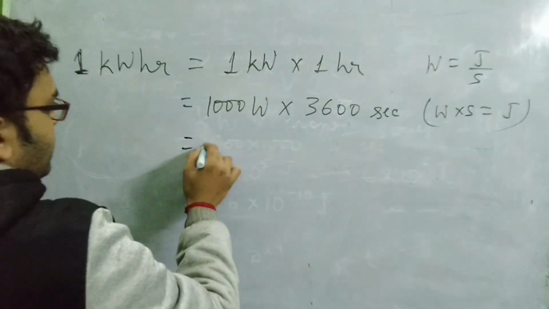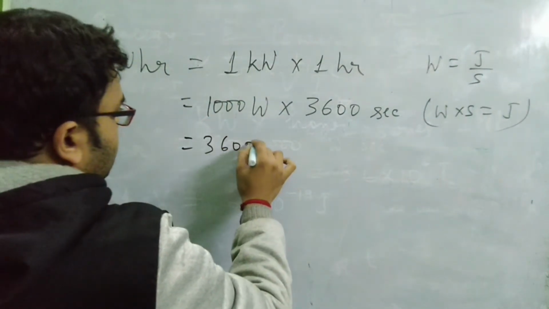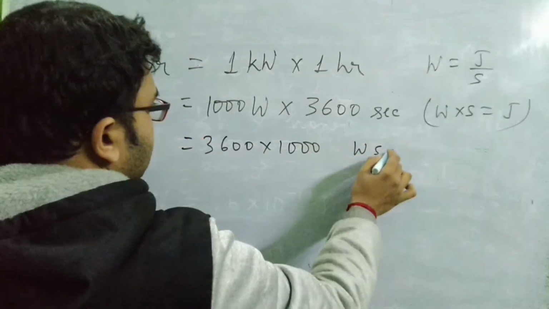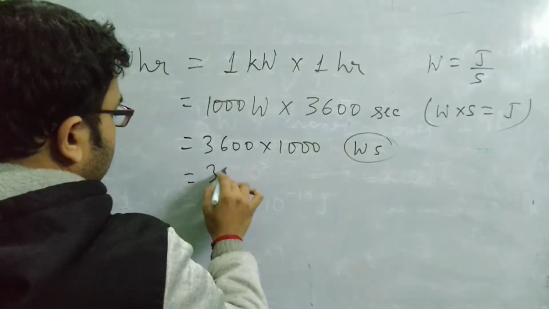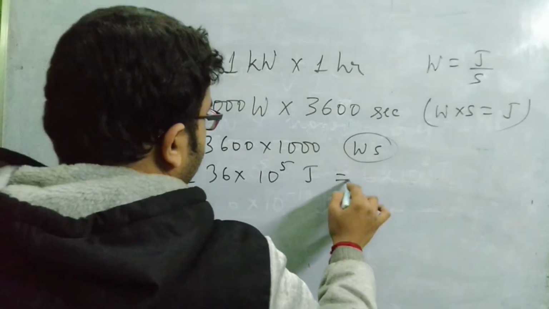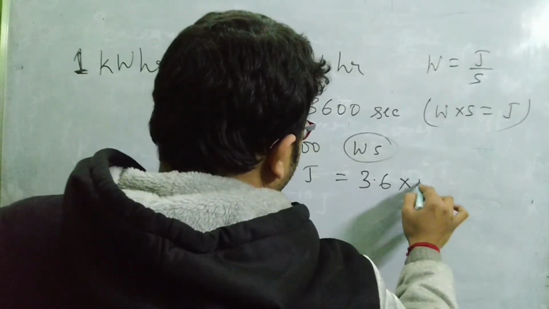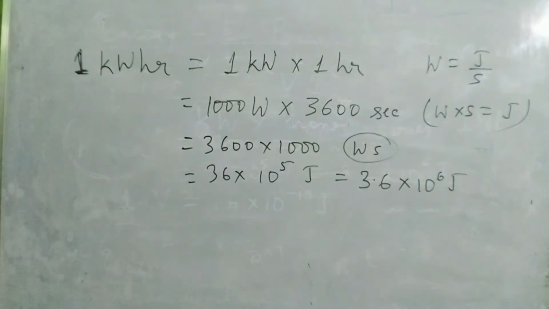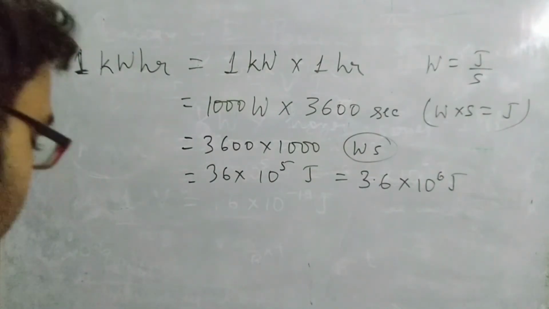So this turns out to be 3600 into 1000 watt second, and this watt second is nothing but joule. So 36 into 10 to the power 5 joule, or it can be regarded as 3.6 into 10 to the power 6 joule. I think the relation between kilowatt hour and joule is clear to all of you.